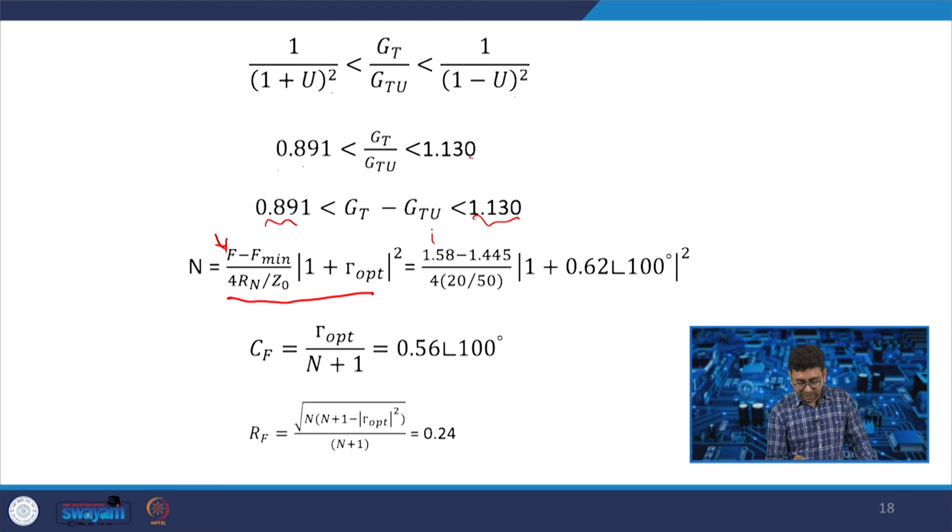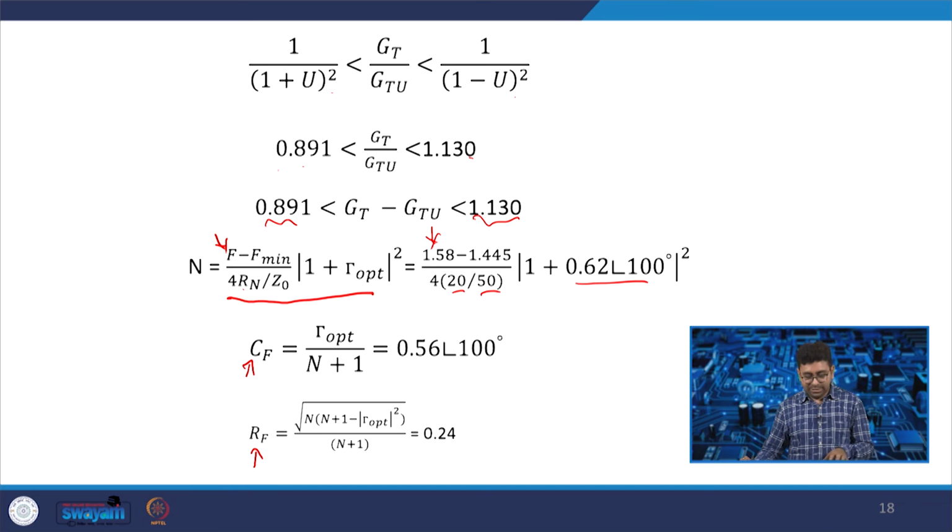So F, you can convert, this is a noise factor. So while calculating, always remember this is not in dB, it is an absolute value. So F minus F min divided by this is a normalized Rn by Z0, 20 by 50 ohm, and gamma opt is already given, so you can get N. So once you find out the N, you can get the center of the noise figure circle, and then you can get the radius of the noise figure circle.